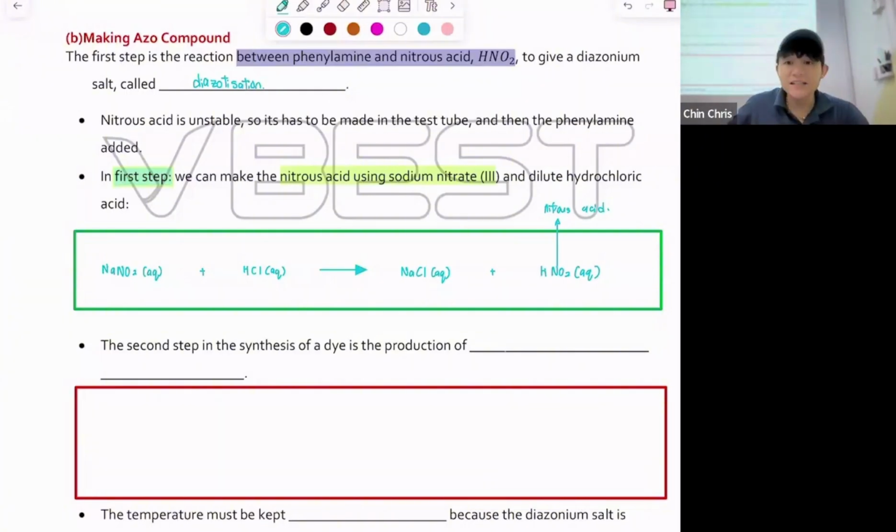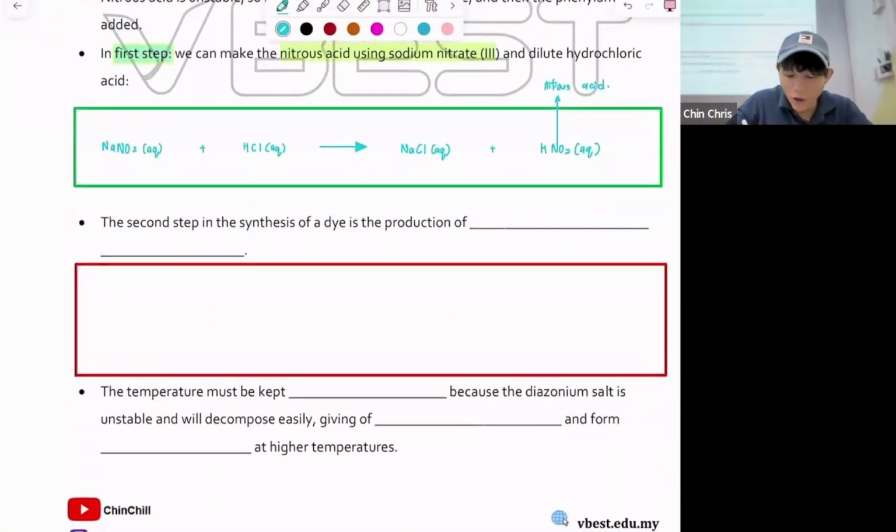Right, guys, next. The second step in the synthesis of the dye is the production of a benzene diazonium salt.